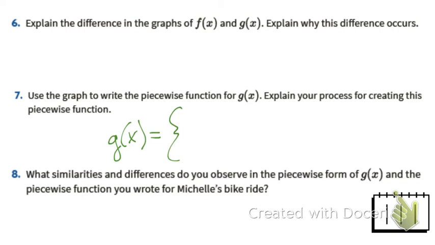Looking at that first part of the equation, the left side of the graph, what is the slope of that graph? Not quite 1. What is the rate of change that's happening on the left side of the graph? -1.